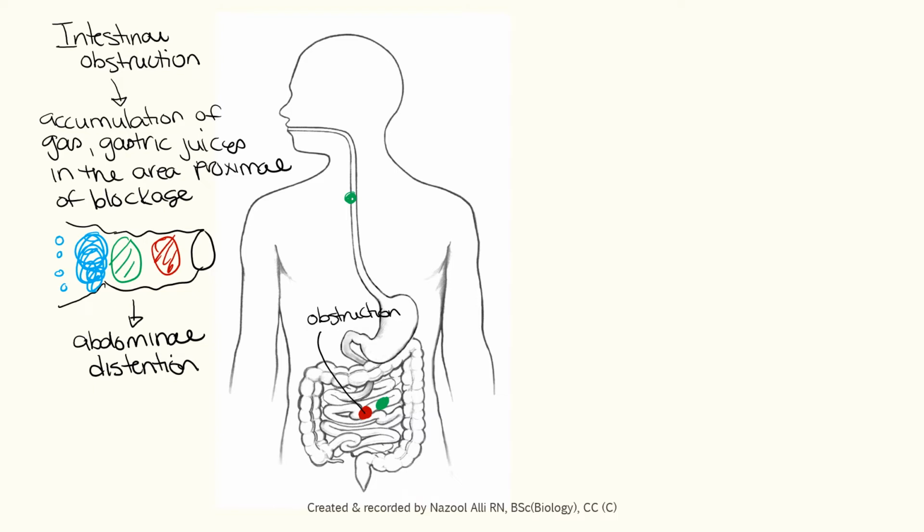Now, as that fluid and gas are accumulating in this area, this is further sending a signal via the enteric nervous system to say, come on, make stronger contractions in the intestine in an attempt to move the intestinal contents along. So what you're now going to see is strong contractions.